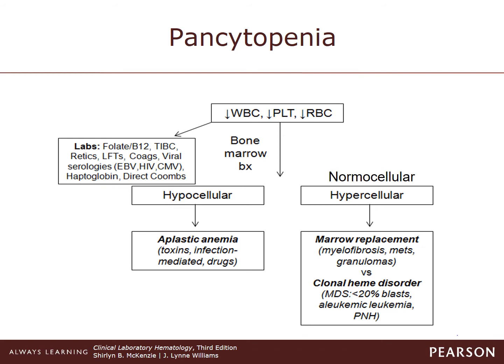Another type is the clonal heme disorder category, where you have pre-types of leukemias, which often terminate into acute types of leukemias, where you have pancytopenia, bicytopenia, or isolated cytopenias, causing a macrocytic type of anemia.